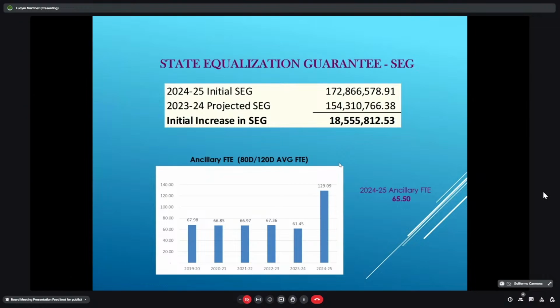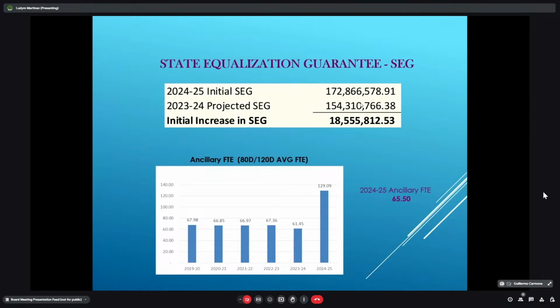So the SEG, as you saw in the previous slide, is $172.8 million. That is an increase of $18.5 million from this year's SEG.